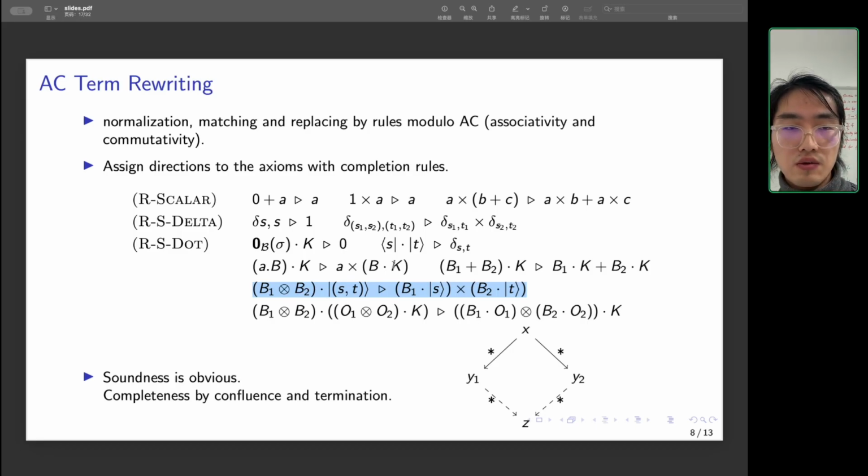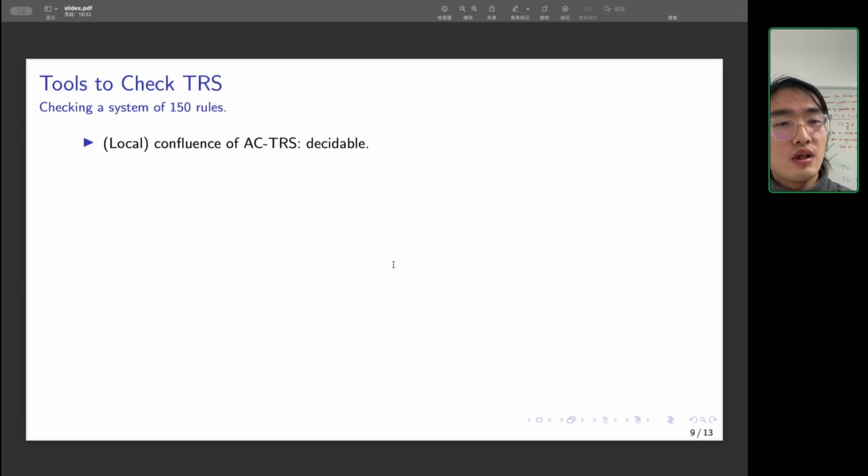Termination means the rewriting of a term will have a result that cannot be rewritten anymore. And confluence means if you start with the same term, then all the possible rewriting traces will result in the same syntax. So we want to prove this, at least for our core language.